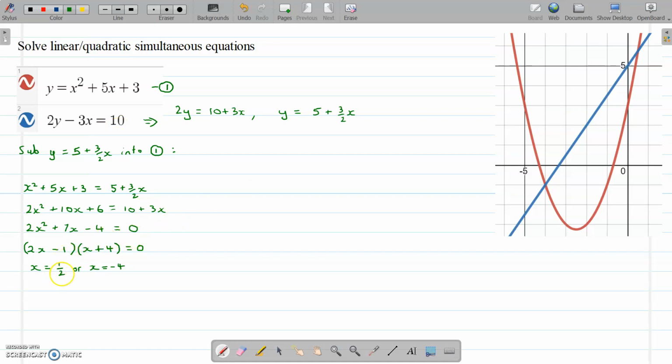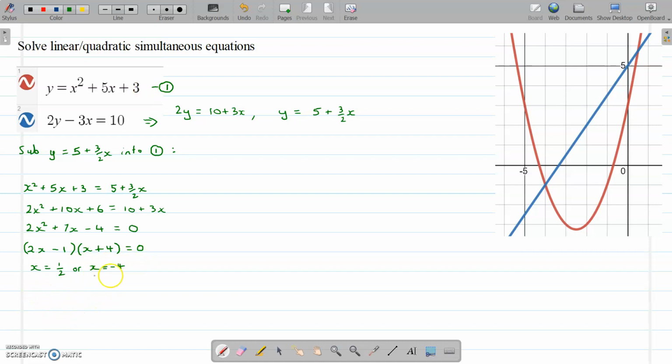So how do we find the corresponding y values? Well, it's quite easy. We just take the two values of x in turn and substitute them into the linear equation in any of these forms, usually in this one, where it starts with y equals, because it's easier to substitute into there than it is to substitute into the quadratic. So you just do that.